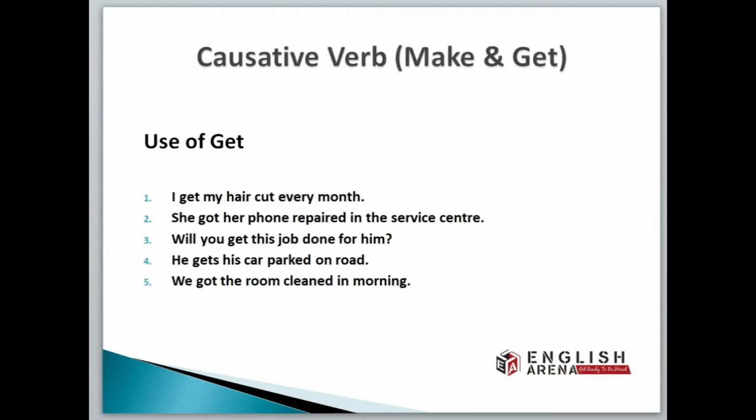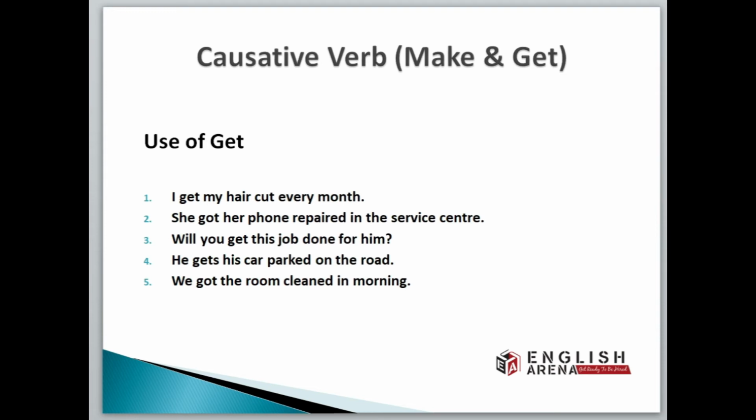All right guys, so let's talk about get now. So guys, we use get to talk about the situation where we convince someone, we request someone to do the job, right? We don't force anyone to do the job. Instead, we convince that person to do the job.